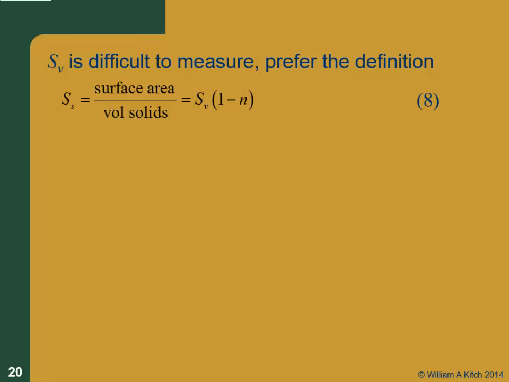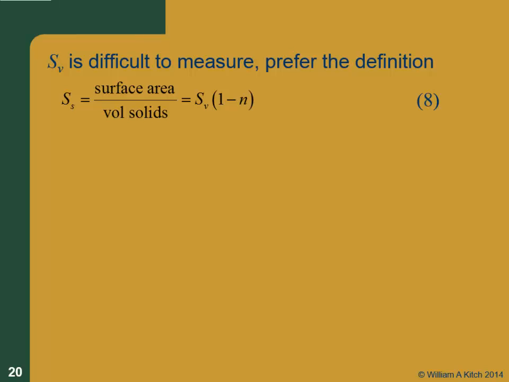So I'm going to change SV to SS, because we do have measures of the specific surface, which is the surface area divided by the volume of solids. And if we assume things are spheres or other shapes, we can calculate the specific surface of a given shape, right? And we have estimates for this specific surface.